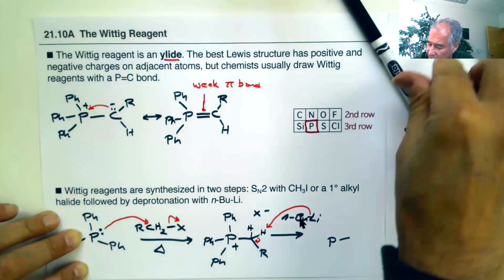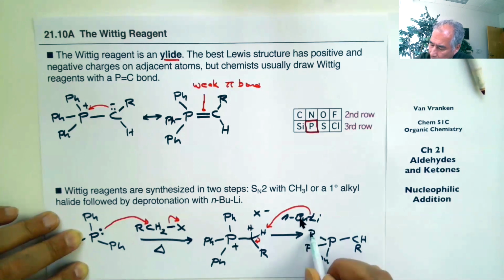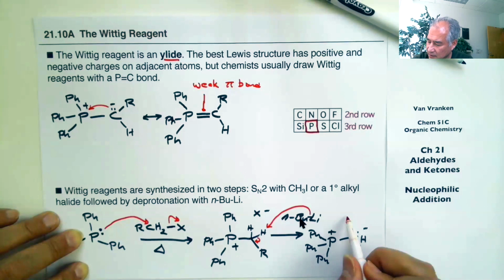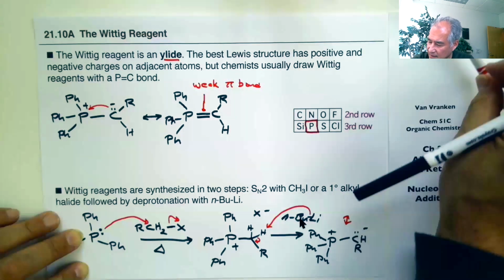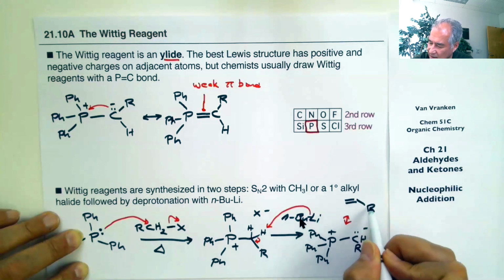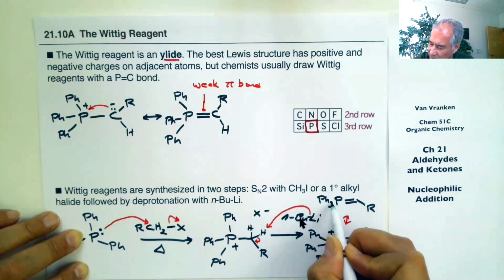And it generates the phosphonium ylide. And if you wanted, you could draw the resonance structure for that. Sometimes when I'm trying to abbreviate, I'll just draw the P double bond C, and I'll write this as a molecular formula.